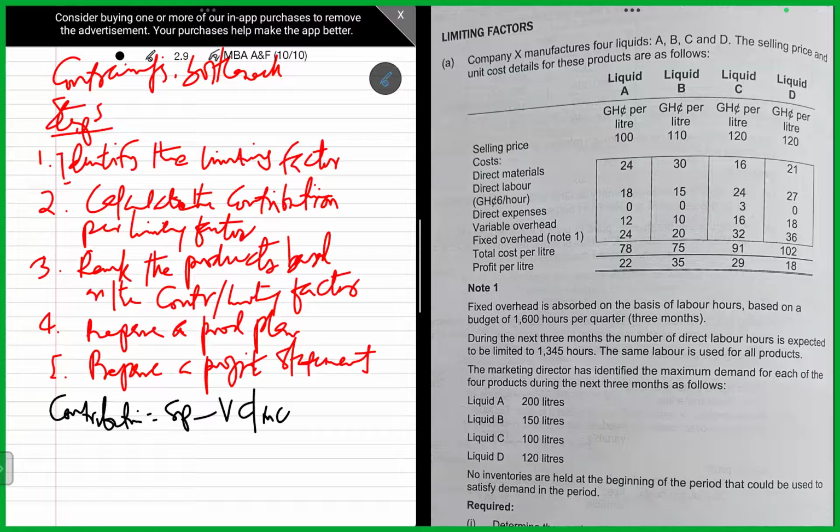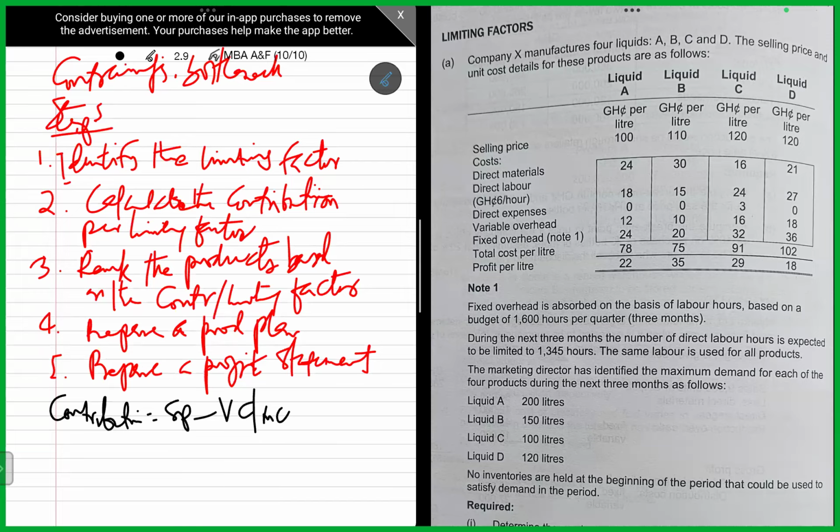Liquid A 12, B 10, C 16, D 18. Then fixed overhead. Liquid A 24, B 20, C 32, D 36. Total cost per liter. A 78, B 75, C 91, D 102. Then profit per liter. Liquid A 22, B 35, C 29, D 18.